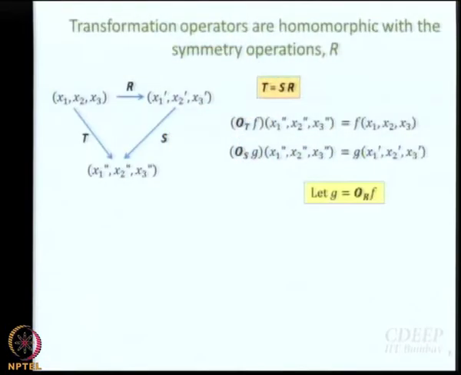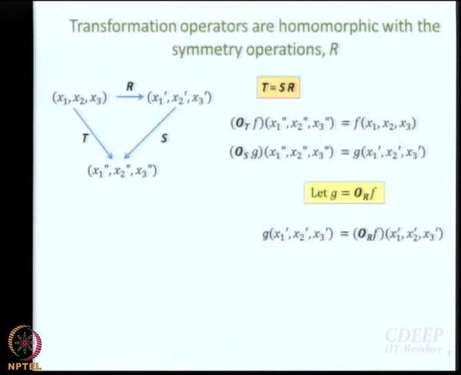So, now let us say G equals ORF. We were transforming the coordinates so far, now we are transforming the functions. Let us say G equals ORF. Will you agree with me on this now? I have just written ORF in place of G in the same coordinate system.